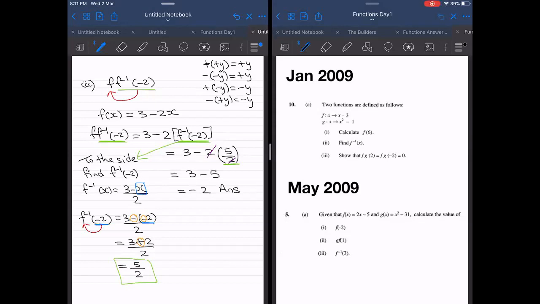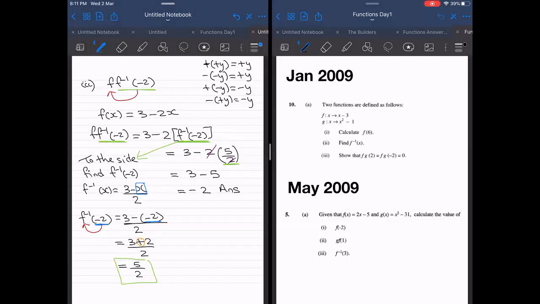All right, beautiful. So when I insert the -2, this is what I had.